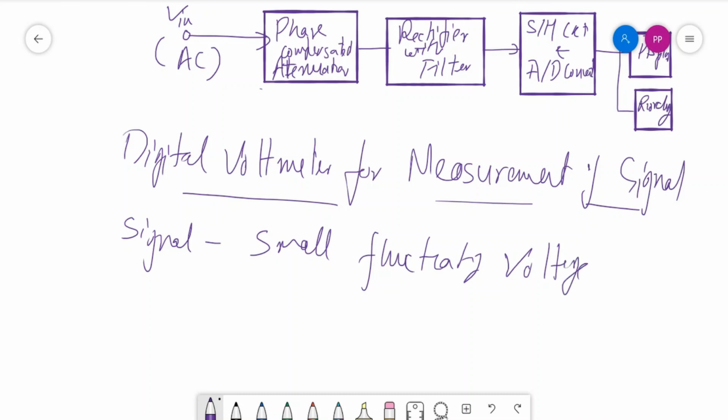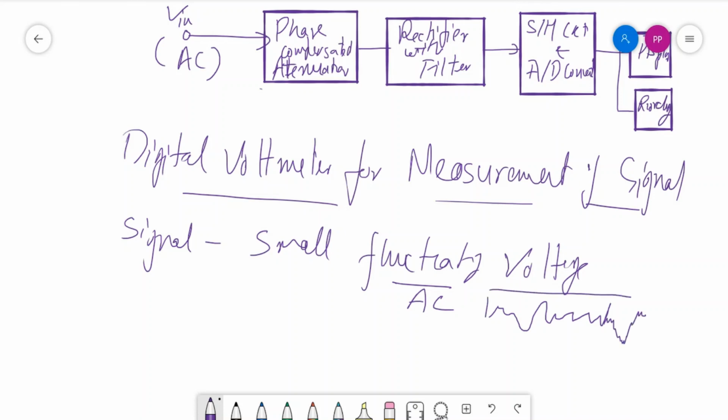We mention signals in the case of electronic equipment. We never say signal in some AC power system or power distribution system. Whenever we mention signal, it is a small fluctuating voltage. Fluctuating means it is AC in nature, but not exactly a single sinusoidal waveform. It can be a combination of several sinusoidal signals, producing a small fluctuating voltage of very abrupt nature, like this.